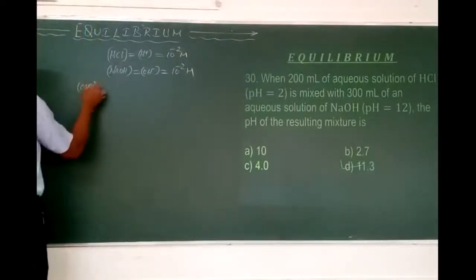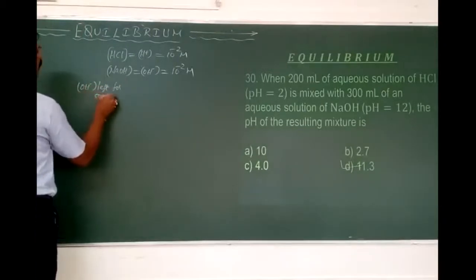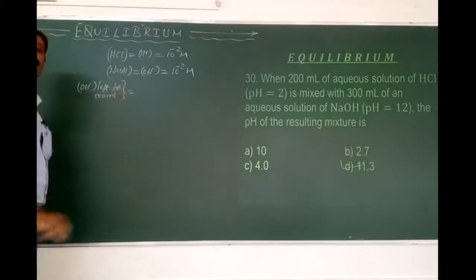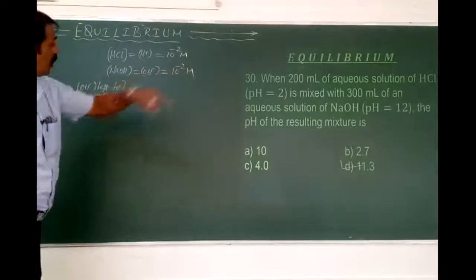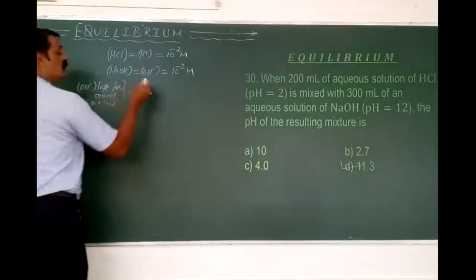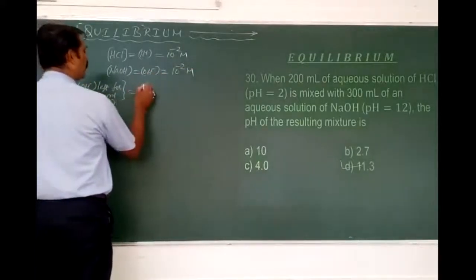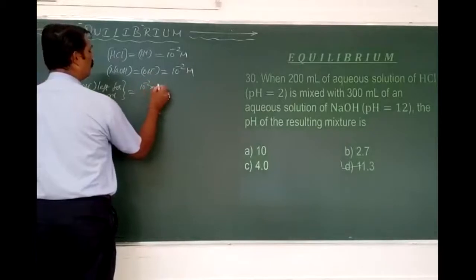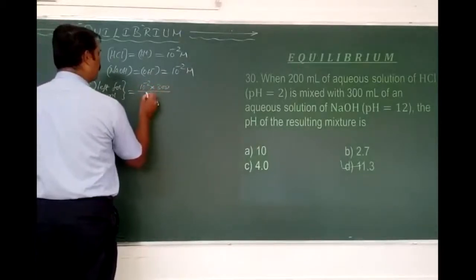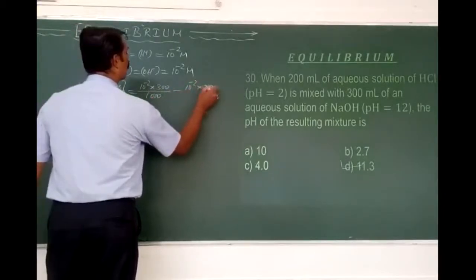OH minus left for 500 ml. Why am I writing 500 ml? Because it is 200 plus 300. As usual, we know that normality into volume by 1000. The normality here is 10 to the power of minus 2 into 300 divided by 1000, minus 10 to the power of minus 2 into 200 divided by 1000.